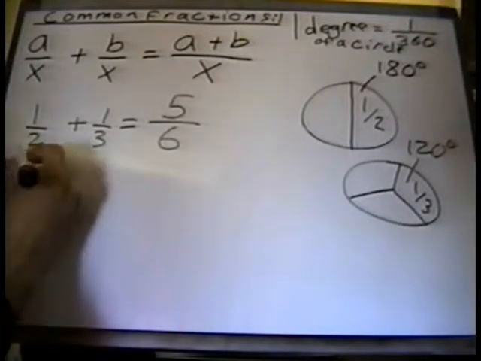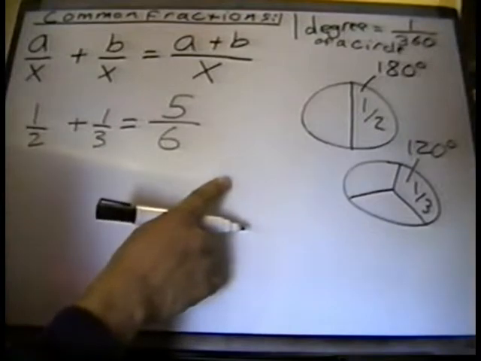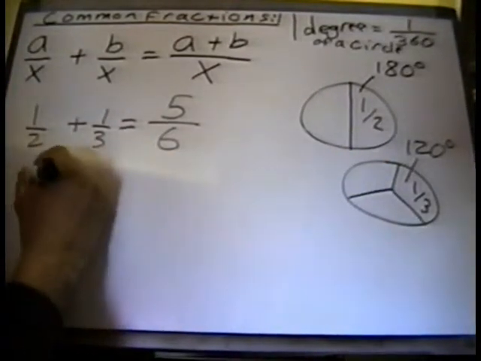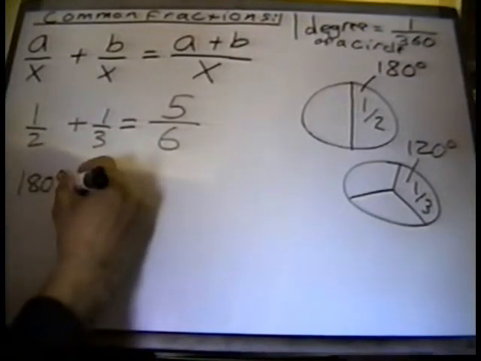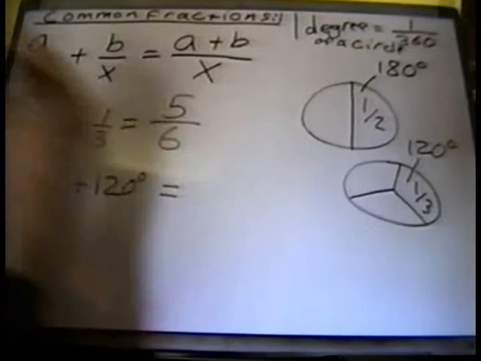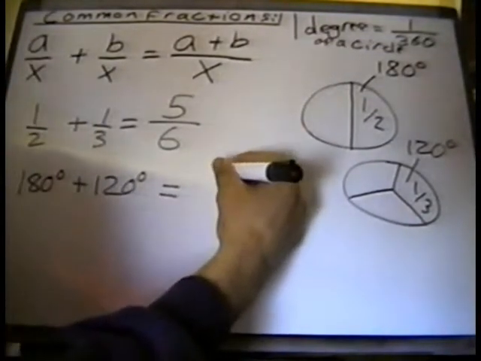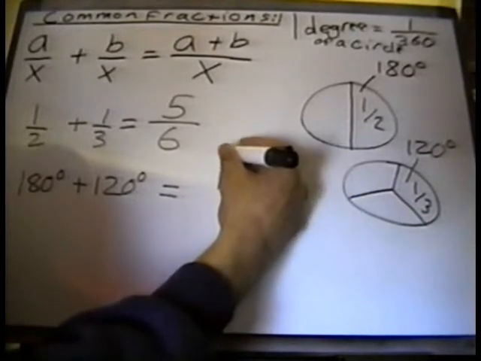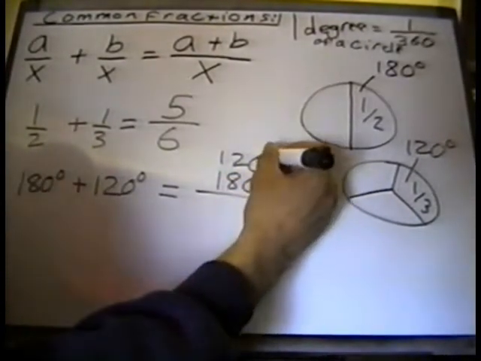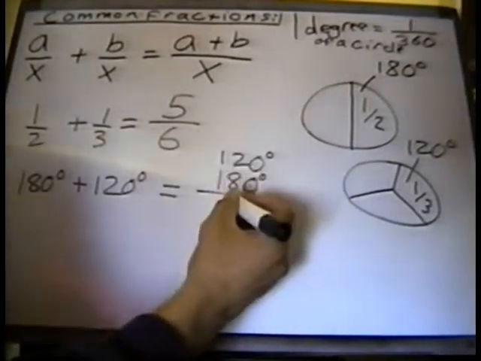We also know that 1/2 plus 1/3 is equal to 180 degrees plus 120 degrees. So 8 plus 2, that's 10.